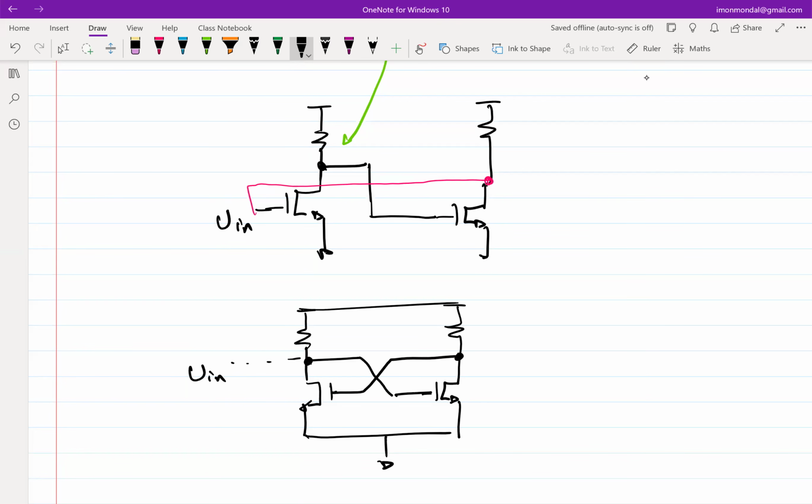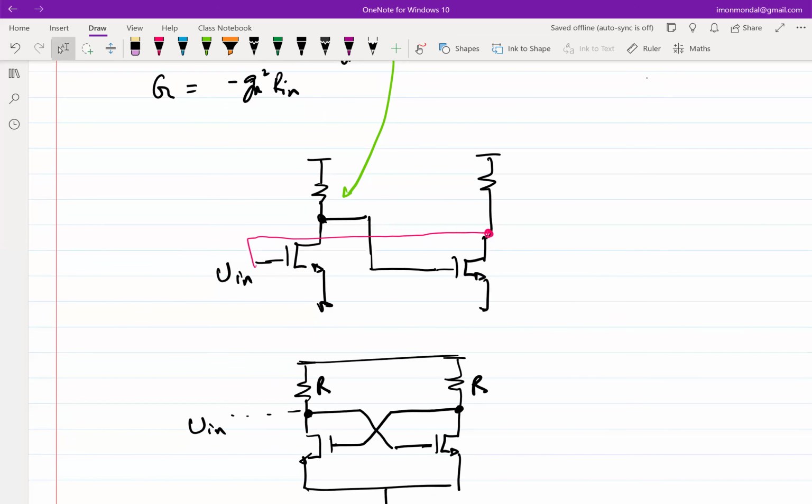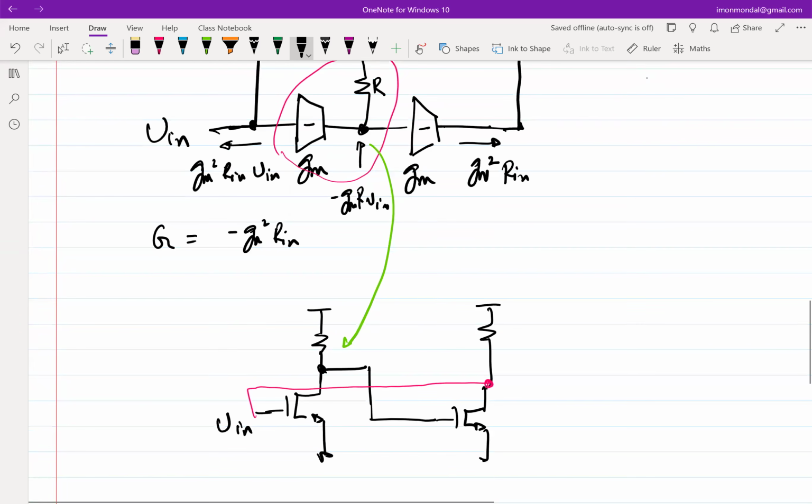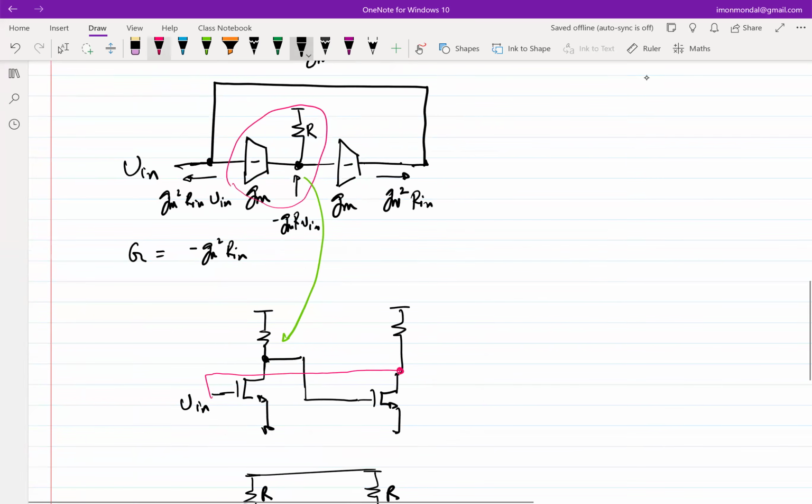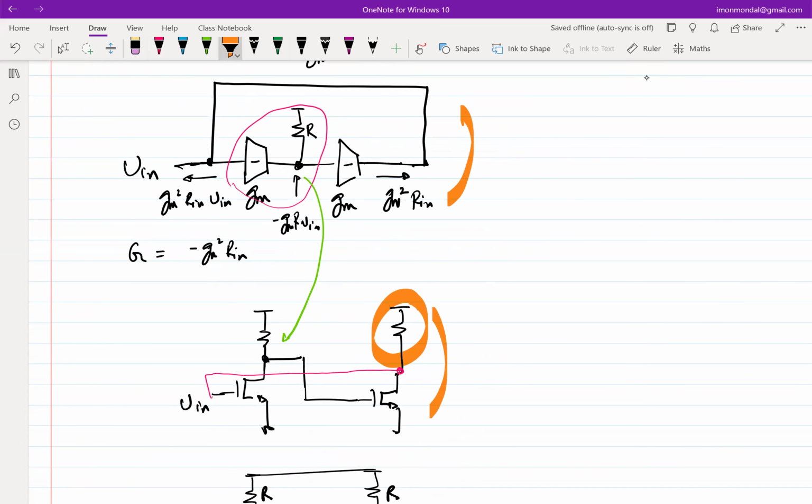So what will be the negative impedance in this case? It will be slightly different from whatever we saw. Why? Because the only difference between this configuration and that configuration is that here we have an output resistance, while there we neglected it.